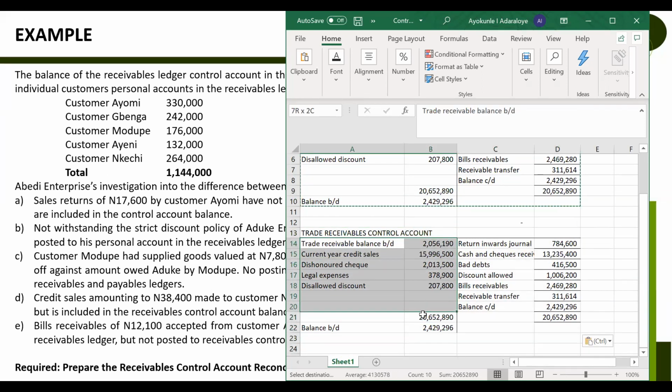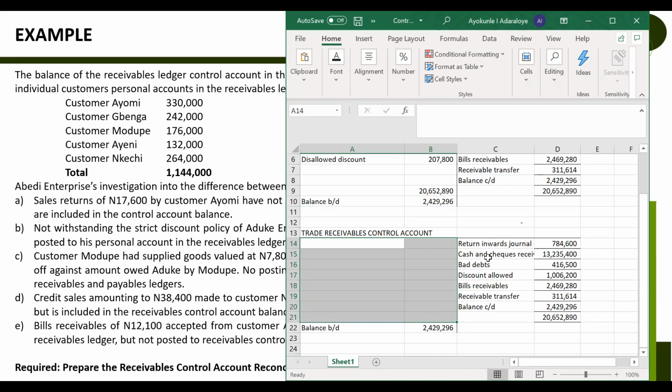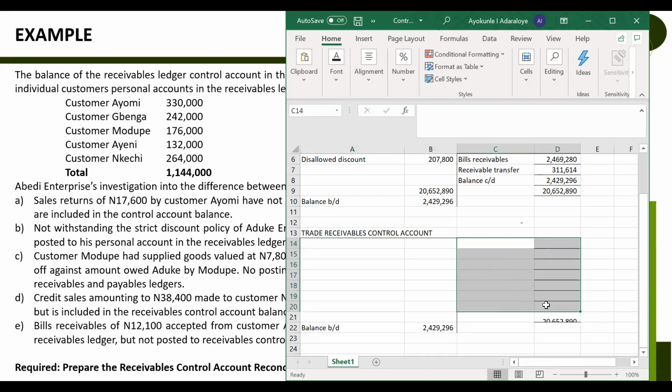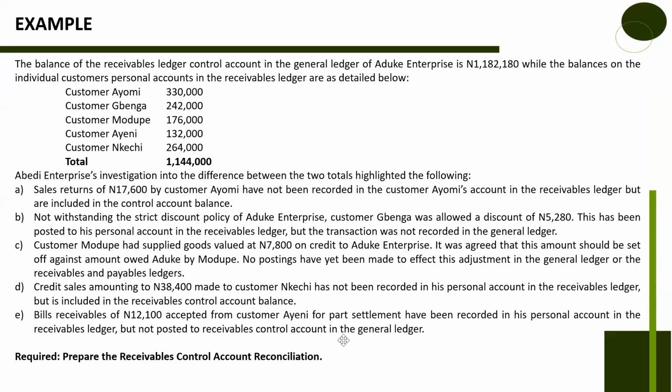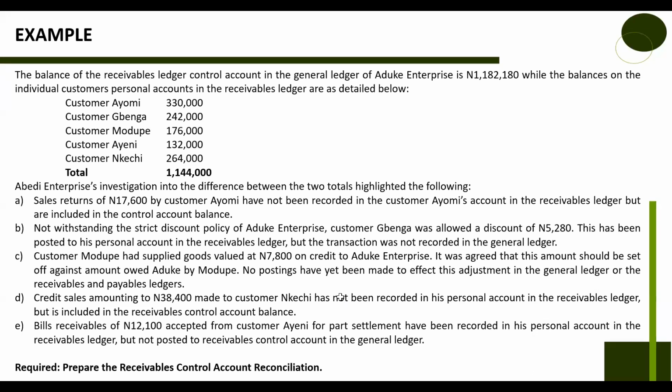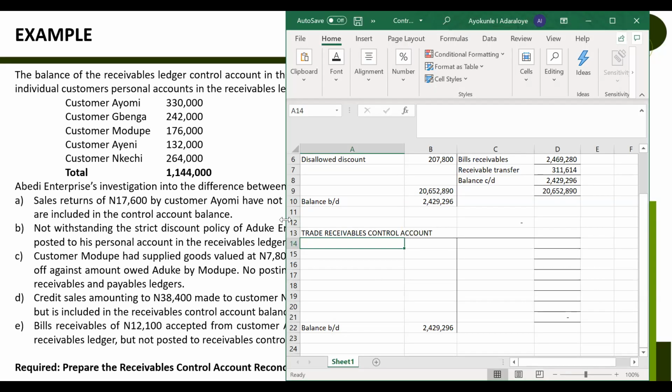I'm just going to use the information. Okay, so let's start with the first information. Can you still see my screen? Yes, I can see it. Okay. Trying to manage my screen.